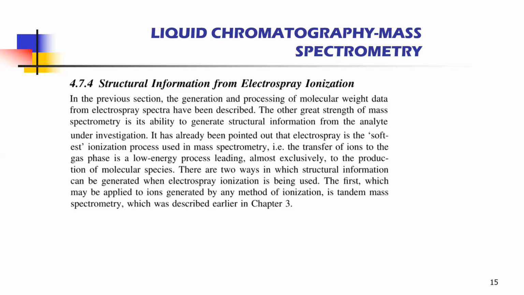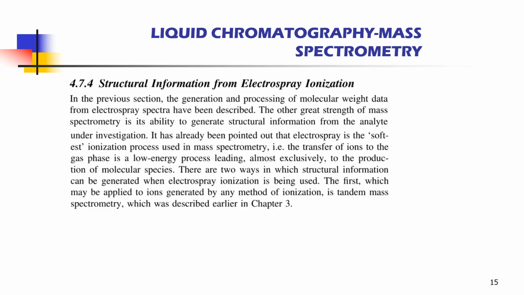There are two ways in which structural information can be generated when electrospray ionization is used. The first, which may be applied to ions generated by any method of ionization, is tandem mass spectrometry, which was described earlier in chapter 3 of mass spectrometry, in the first section.